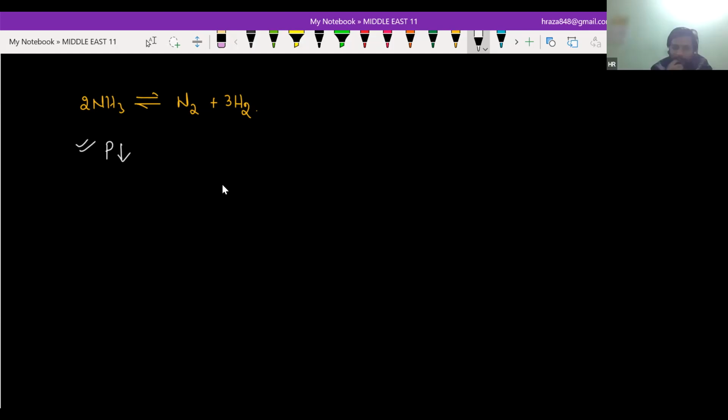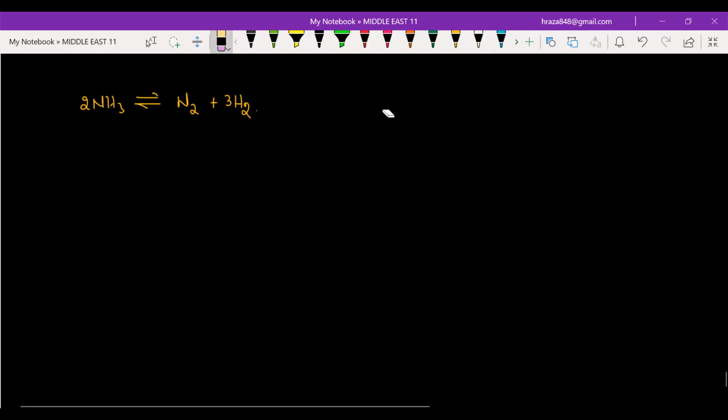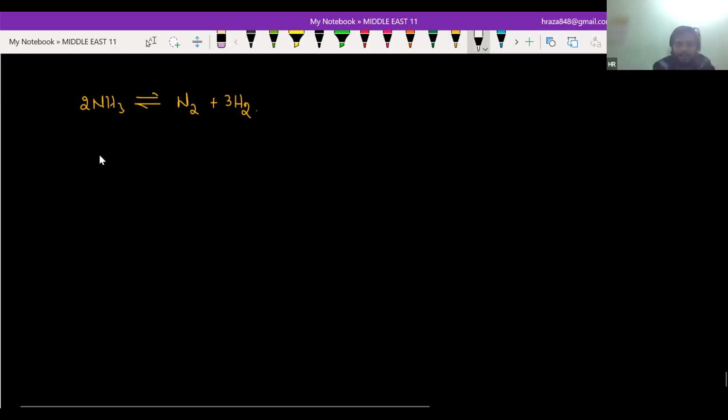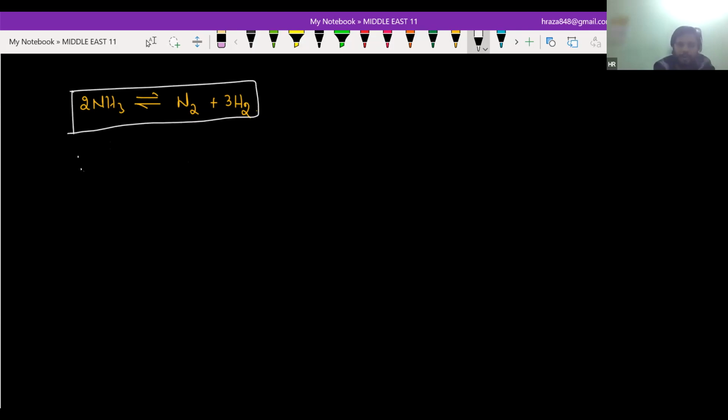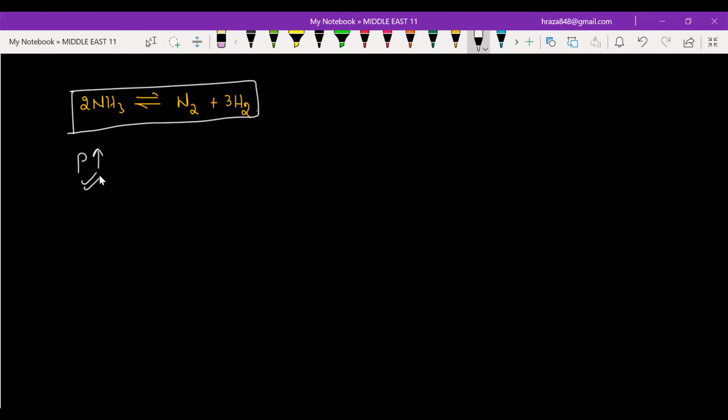Whenever there is confusion, just think about increasing pressure. If we increase the pressure, it will move, okay, so you both may be wrong. Let's see. What I taught you is whenever we increase the pressure, it will go to the direction where the number of moles is lesser, right, Krishna? Yes, sir.